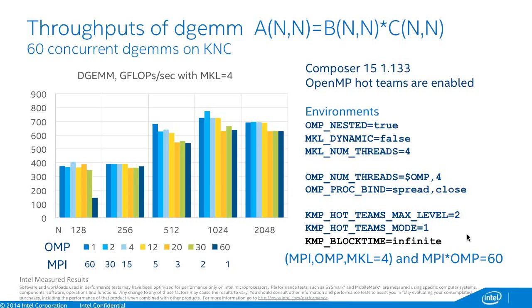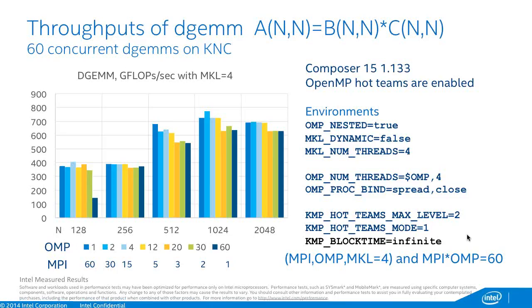So when you say 60 and 4, OpenMP nested has to be set to true. In MKL, you also have to make sure that it doesn't reset the threads based on the fact that DGEMM is called within an OpenMP region. These are the basic settings you have to make in order to exercise nested OpenMP.